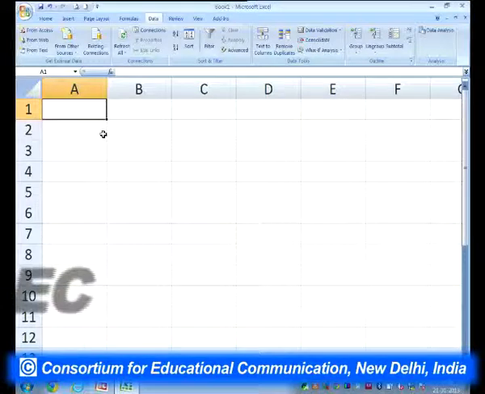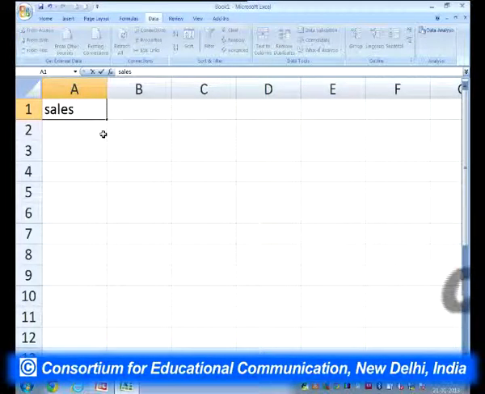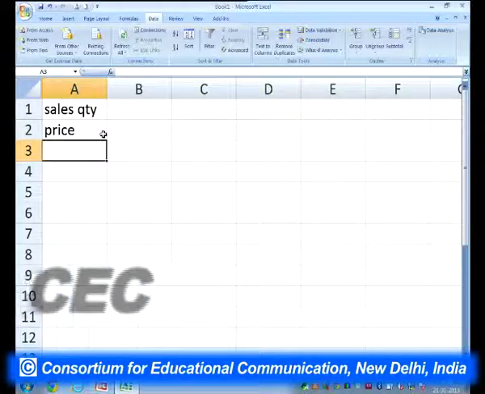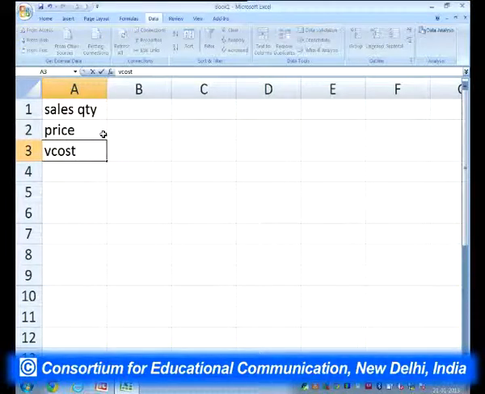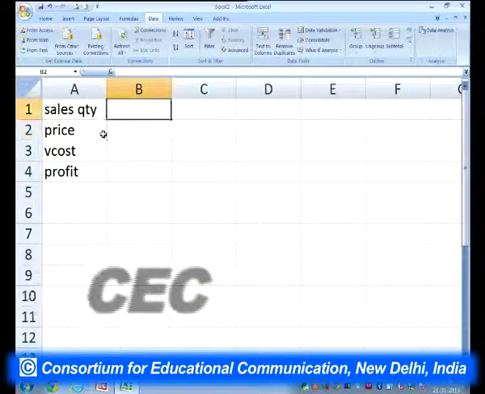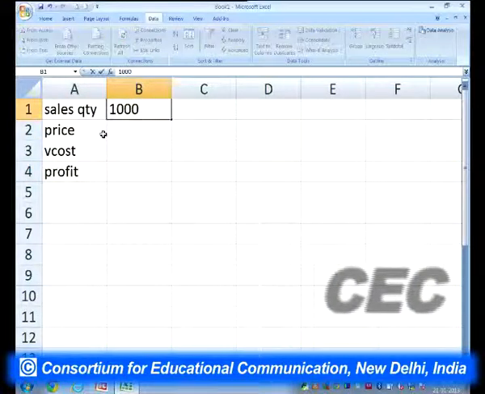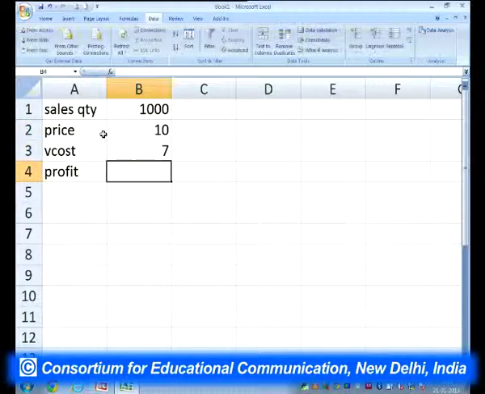Let us say we start with some basic equation. We have sales quantity, we can have price here. Don't take it so seriously, this is just to explain certain things. And I say profit. Very simplest equation we can have. Let us say sales quantity is 1000, price is 10, variable cost is 7, then what is the profit?